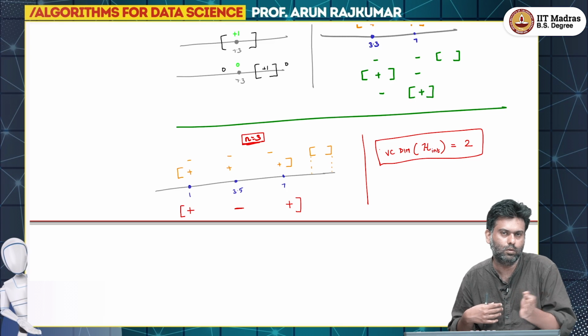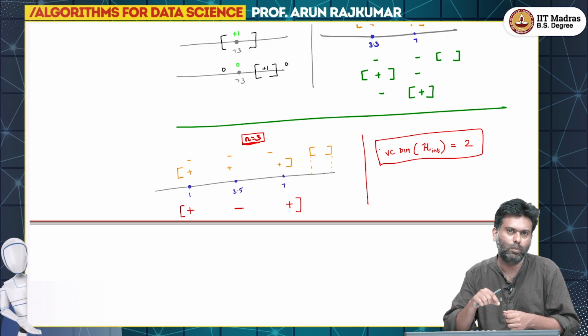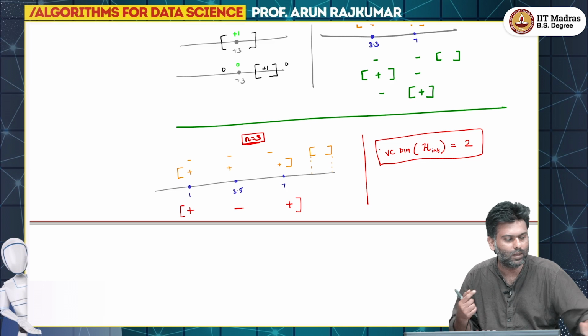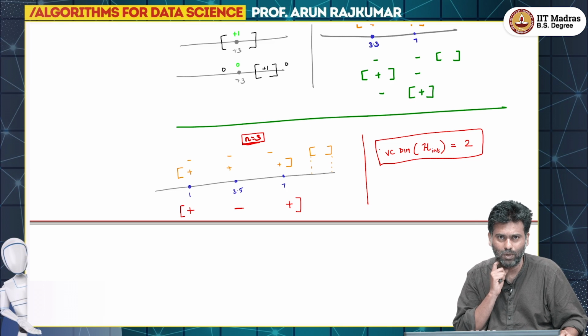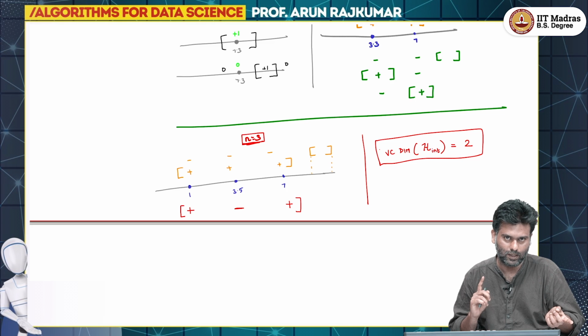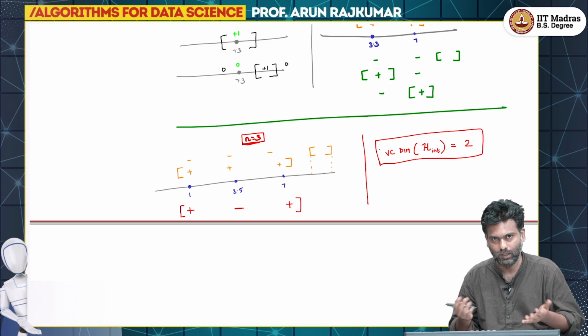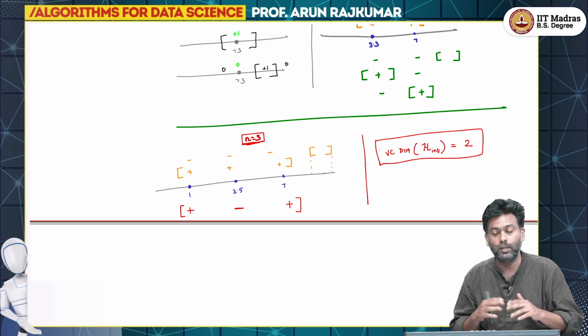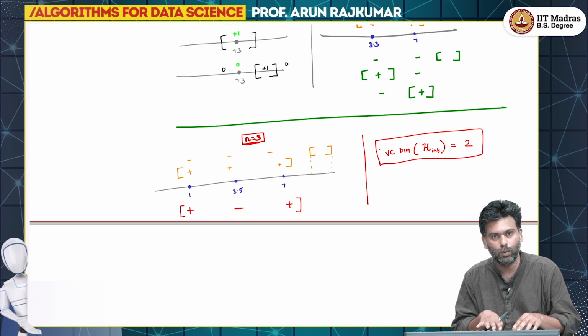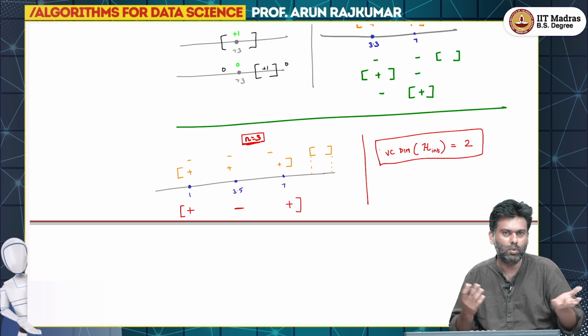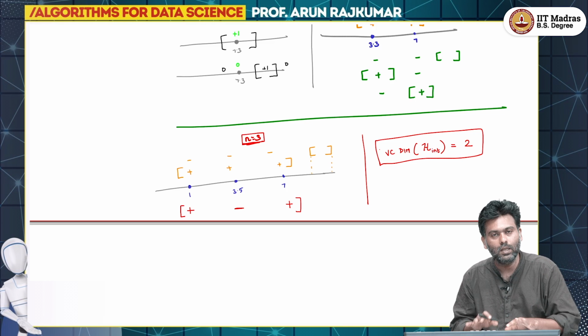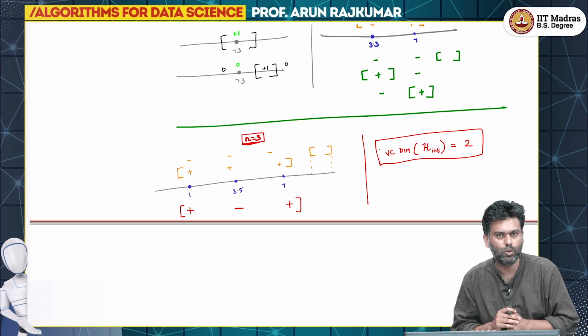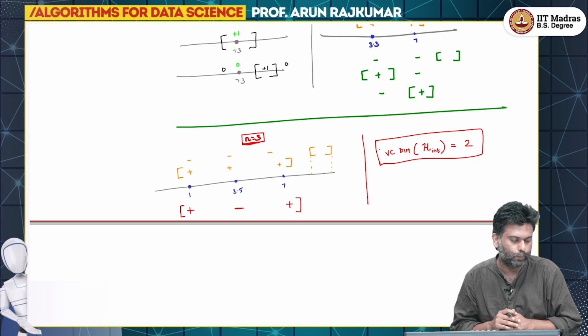No matter how you choose 3 data points, there is always going to be a middle one, and I will label the middle one as minus and the edges as plus, and you don't have a classifier that labels it that way. So it is not like I arbitrarily picked 3.5 here. There is nothing to be intelligent about, because it is a real line. When you have R^d, maybe you can be slightly more intelligent, but in this particular case we are talking about the real line as our domain, and for this hypothesis class the VC dimension is 2.